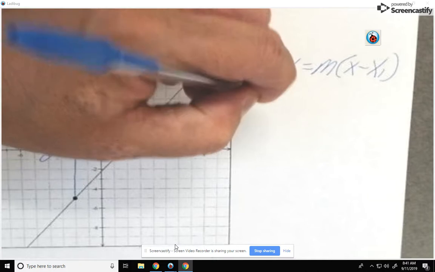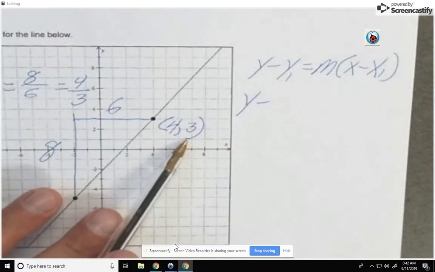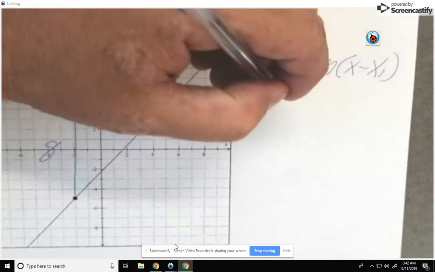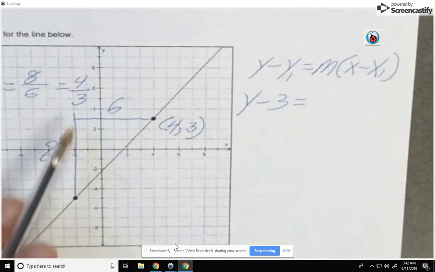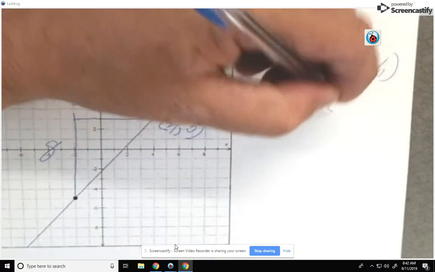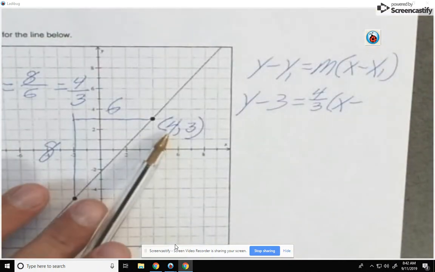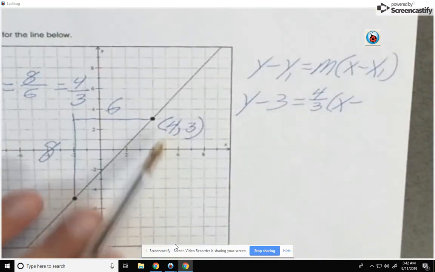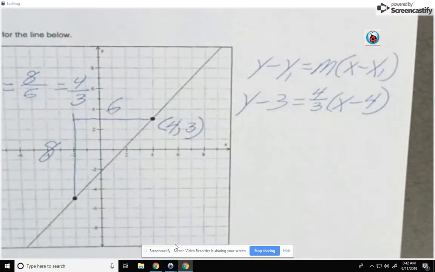So y1 comes from my point, which in this case is a 3. M is my slope, which I figured out to be 4/3. And x1 comes from your point, which in this case is a 4. And we're done.